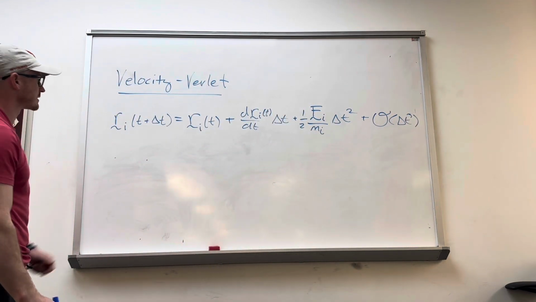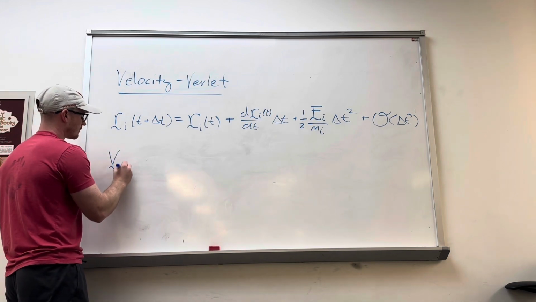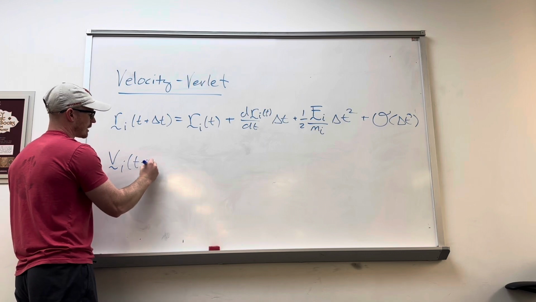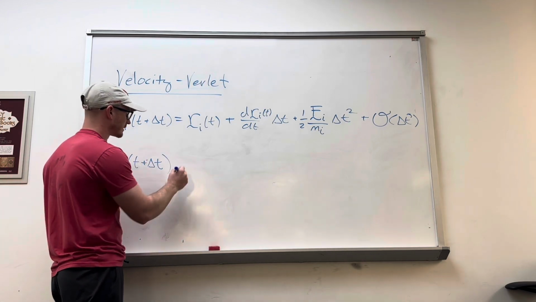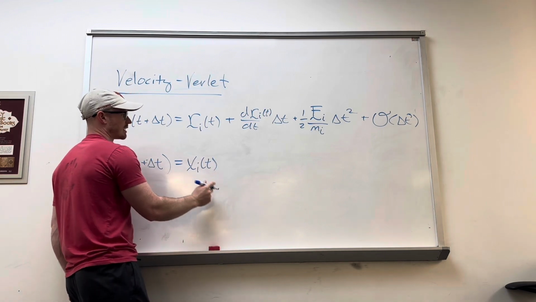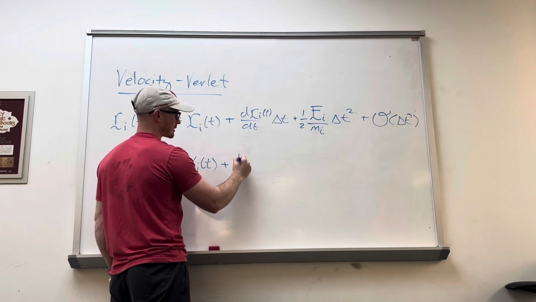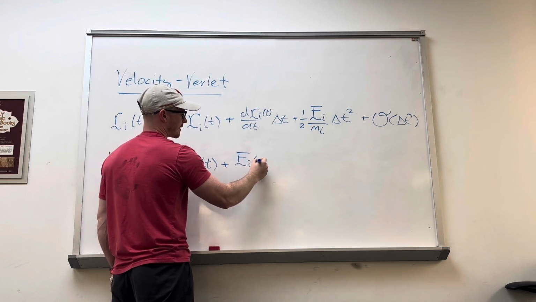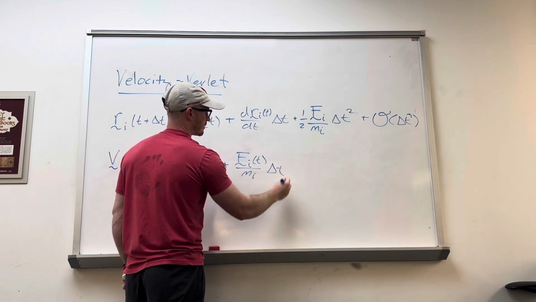So that stays the same, but now we're going to do something a little different. In the velocity term, we're going to extend the order of which we look at this algorithm here. So we're going to take vi of t plus, and we already wrote this out, so I'm just going to skip ahead, fi of t over mi delta t.